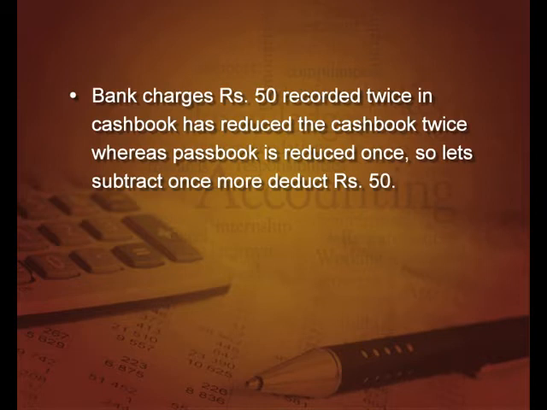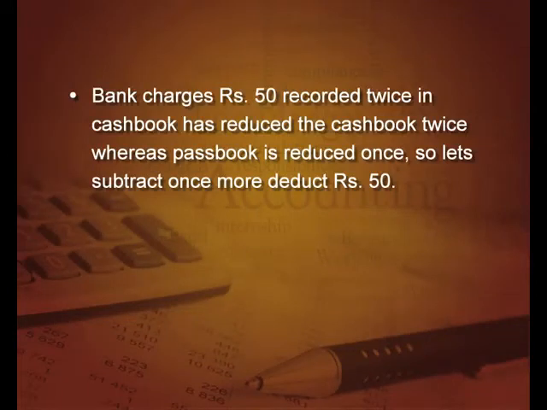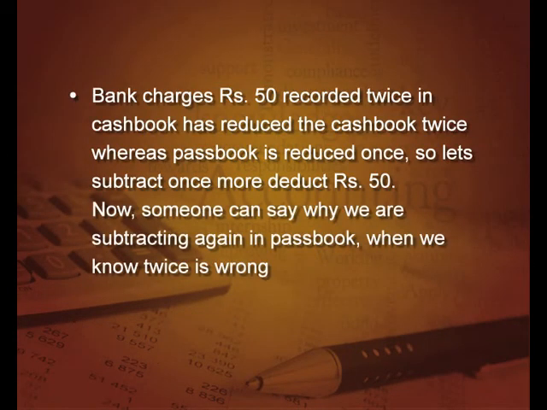recorded twice in the cash book has reduced the cash book twice, whereas passbook has reduced only once. So, let us subtract once more, deduct 50. Now, someone can say why we are subtracting again in the passbook when we know that twice is wrong.